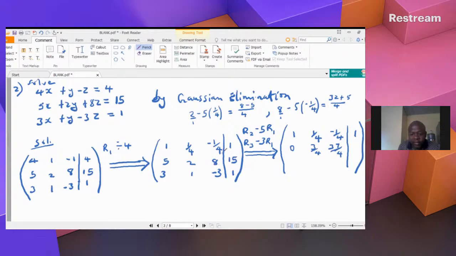Lastly, 15 minus 5 multiplied by 1, which is 10.